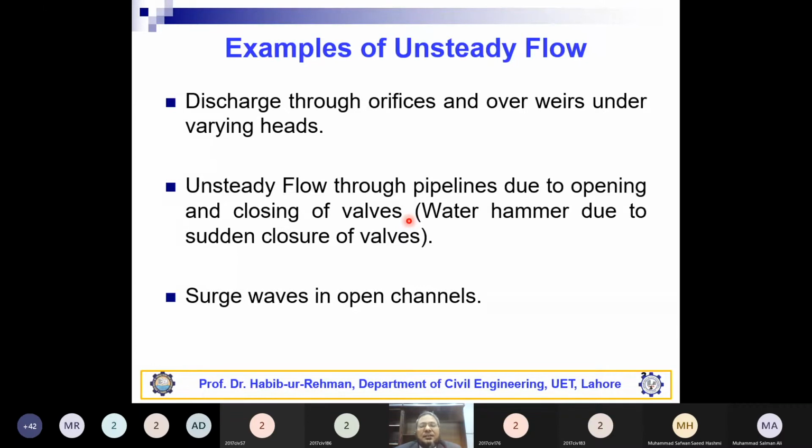If we have an impulse turbine, can you tell me what the valve is practically in impulse turbines? What is the name of the valve? Governor? No, not governor. Spear-headed needle.